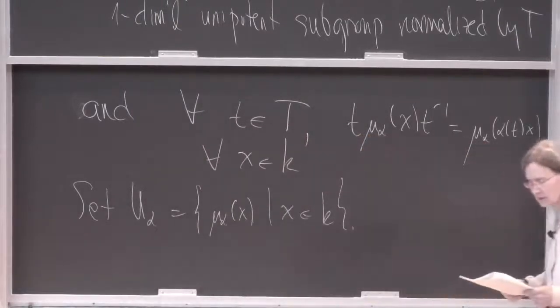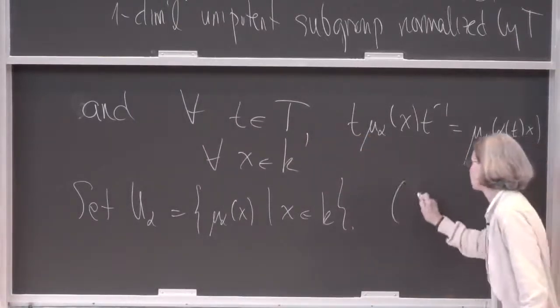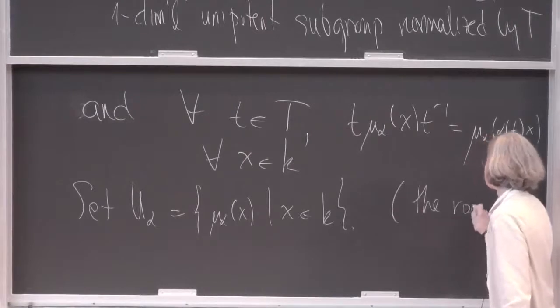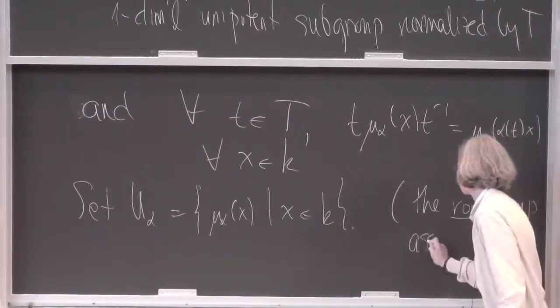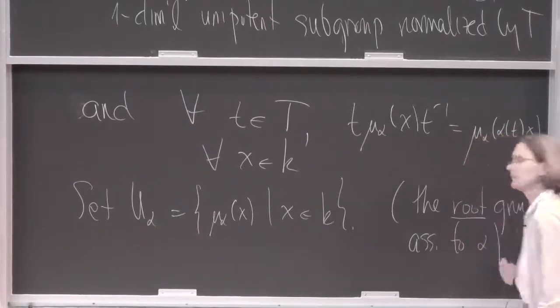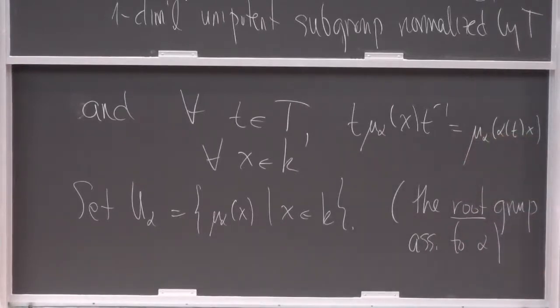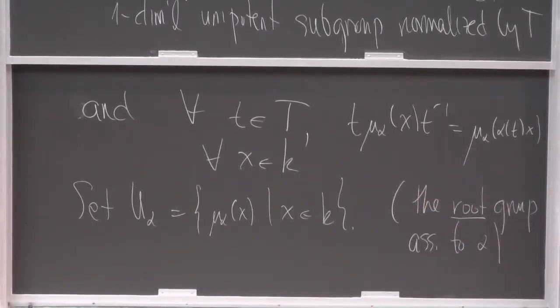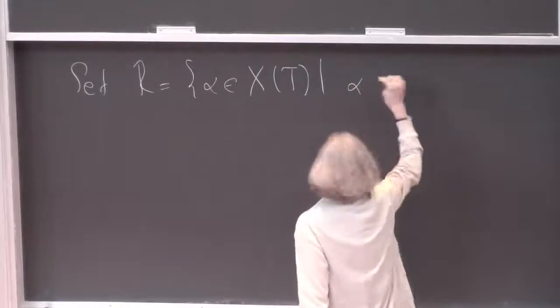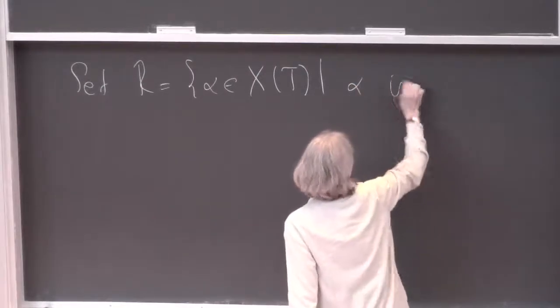So that's what I call a root group, the root group associated to alpha. Okay, and set R to be the set of characters that have that special property, alpha a root.